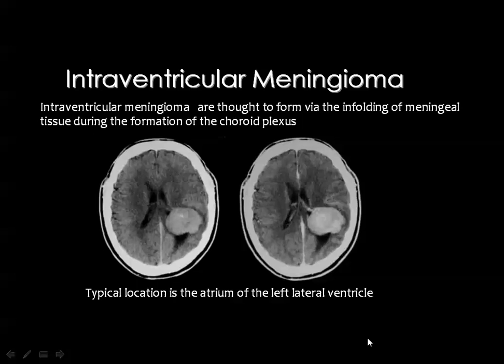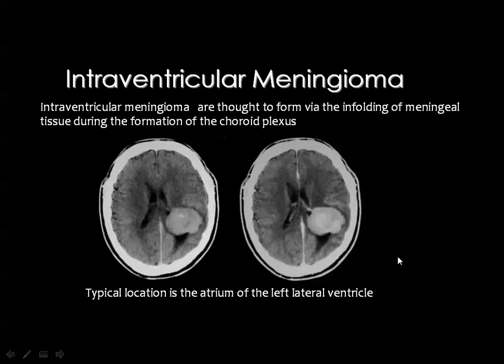A meningioma inside the ventricle is thought to arise from enfolding of the meningeal tissue during the formation of the choroid plexus. And there is a characteristic site for this meningioma, which is the trigone of most likely the left lateral ventricle. It can occur also in the trigone of the right lateral ventricle.